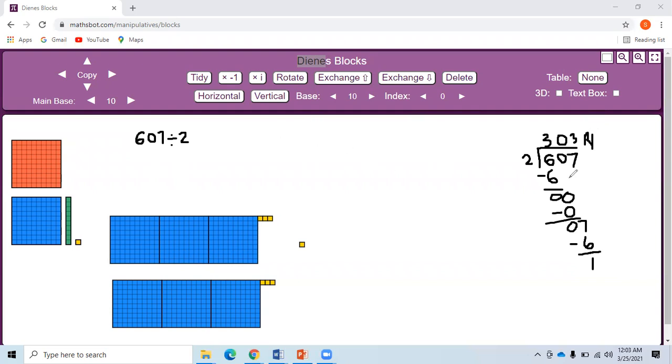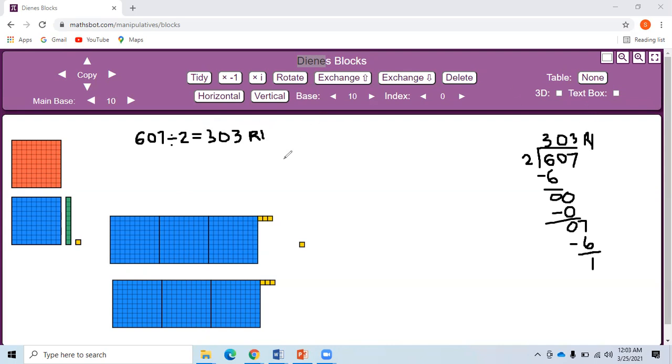So 607 divided by 2, using the algorithm, I find is 303, remainder 1. If I look at what my blocks tell me, 607 divided by 2 gives me 3 100s, no 10s, and 3 1s in each row with a remainder of 1.